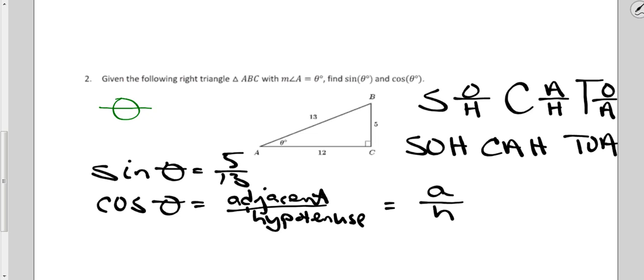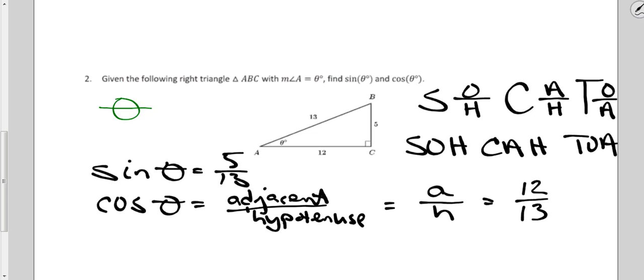What is the adjacent side on this triangle? Isn't this adjacent? I mean, theta's right here. 13 is next to it. That's adjacent, right? Oh, so adjacent is the side next to my angle that is not the hypotenuse. So 12, I almost did it, over 13.